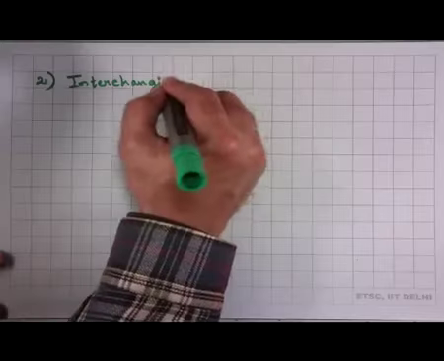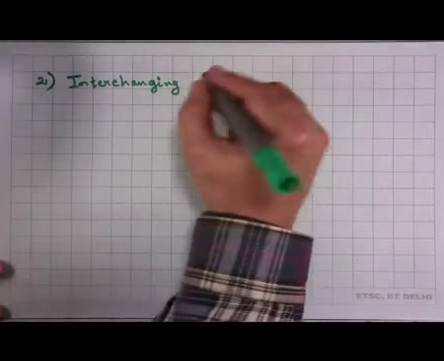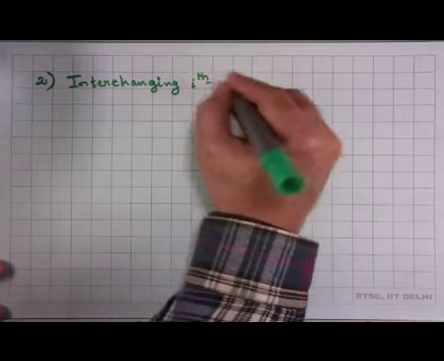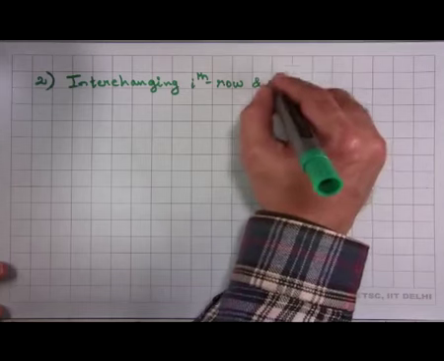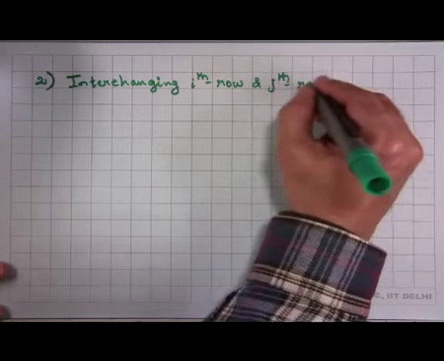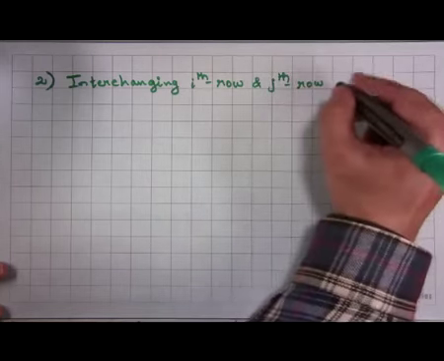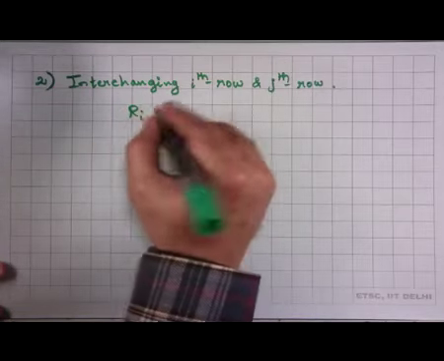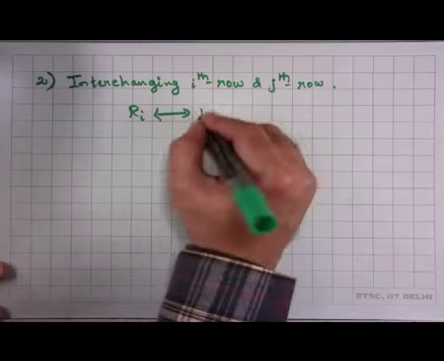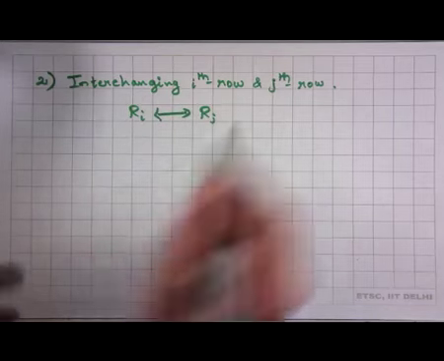Second one, interchanging ith row and jth row. We will denote this as the ith row and jth row are swapped or interchanged. This is the notation that we will have.